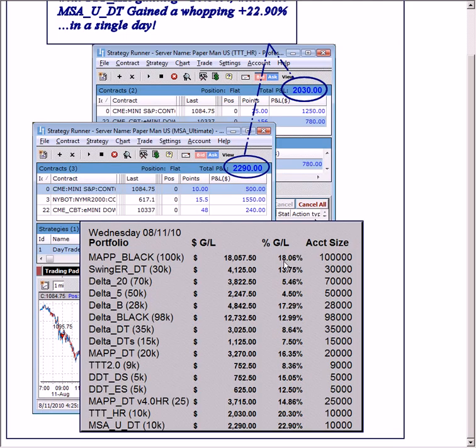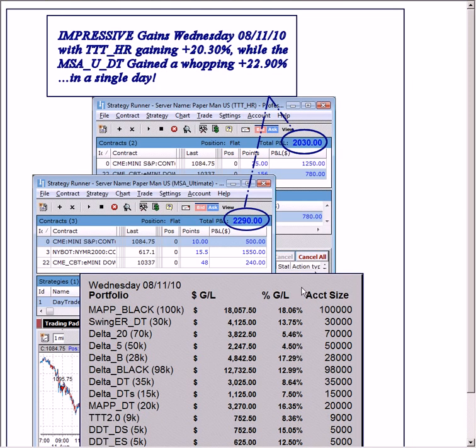Actually, it was a banner day, really, in large part because the Matt Black, the venerable Matt Black, $100,000 portfolio, very well diversified, exposed to probably all of our systems, was up $18,000 yesterday, and this is right back at the recent highs that we've seen in the portfolios. But there you see the Triple Threat Trader HR gaining 20%, MSA UDT gaining 23%.